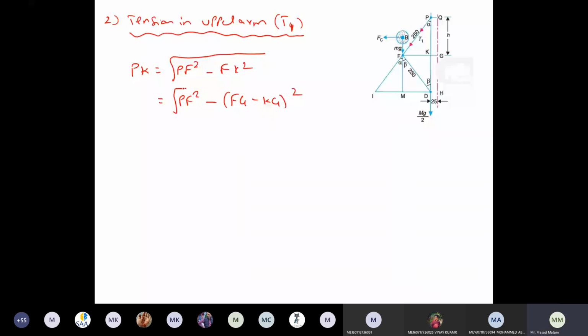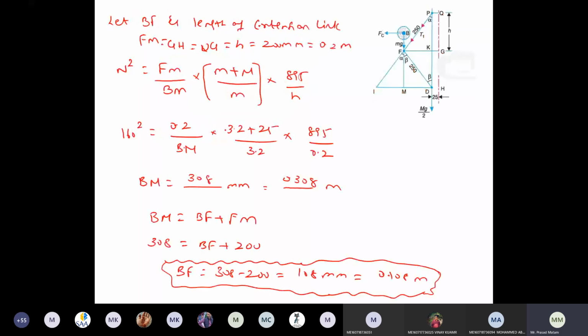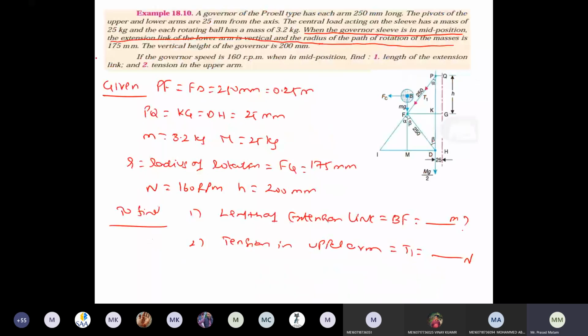This is under root. Now tell me, PF is 250, minus, what is the FG term? FG is the radius of rotation, which is equal to 175 mm. You can see in the problem, radius of rotation is 175 mm. That is equal to FG.